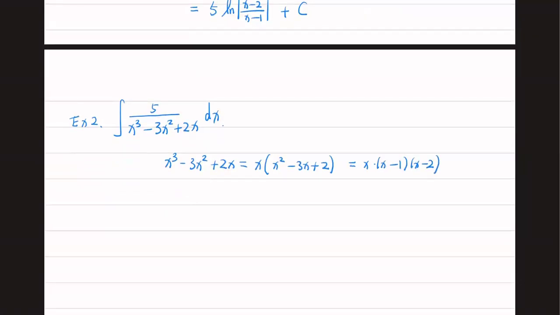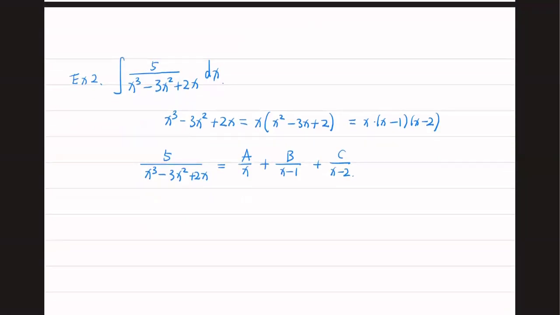Then we set up this partial fraction decomposition. Okay. Elisa, what's the next step we should do? 5 equals a times x minus 1 times x minus 2 plus b times x minus 2 plus c times x minus 1.